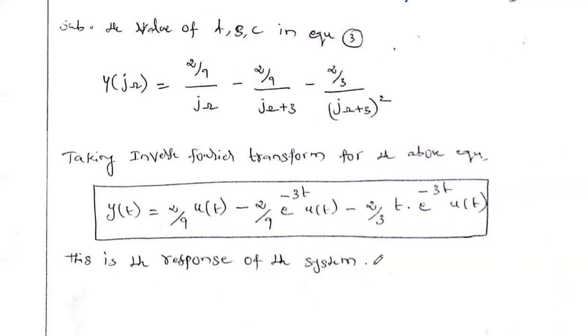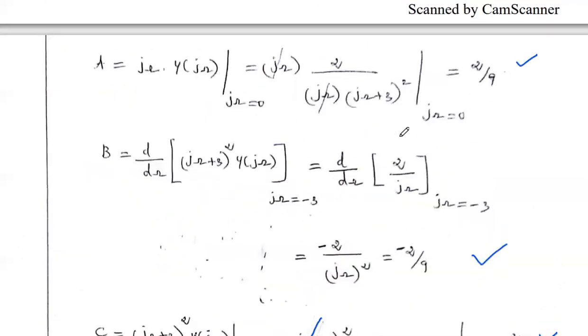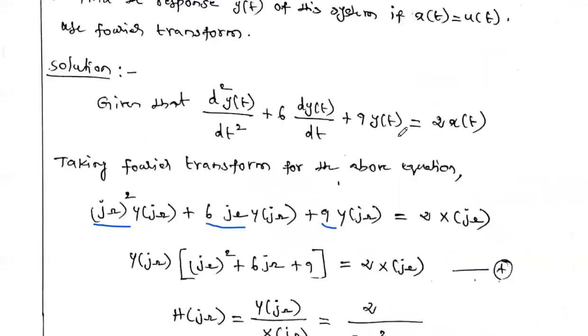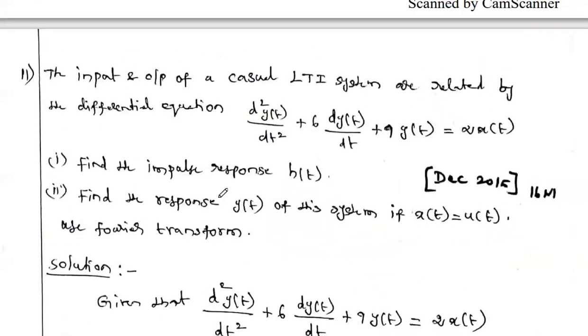In this problem, we calculated the response y of t for the input x of t equal to u of t, so that's why we call this response a step response. What is meant by step response? The response of the system when the given input is a unit step signal. So in this problem we derived two things. For the given system, we derived first the impulse response h of t.